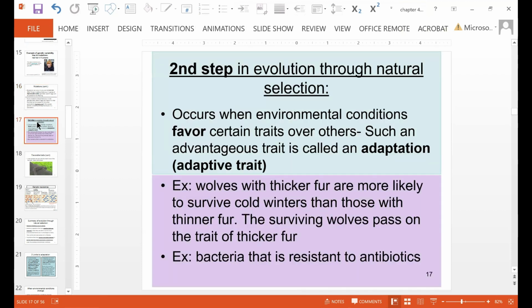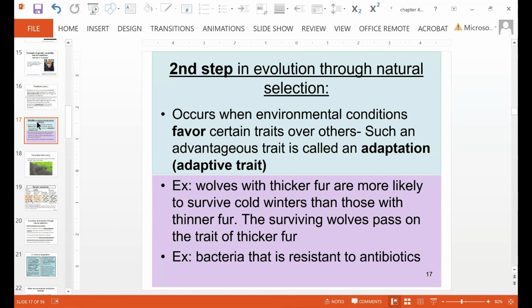The second step in evolution through natural selection occurs when environmental conditions favor certain traits over others. In that case, that advantageous trait would be called an adaptation or an adaptive trait. For example, wolves that are born with thicker fur are more likely to survive cold winters than those with thinner fur.